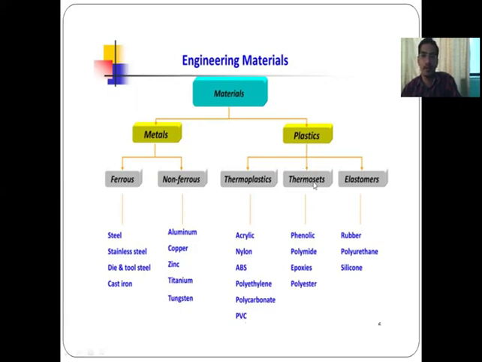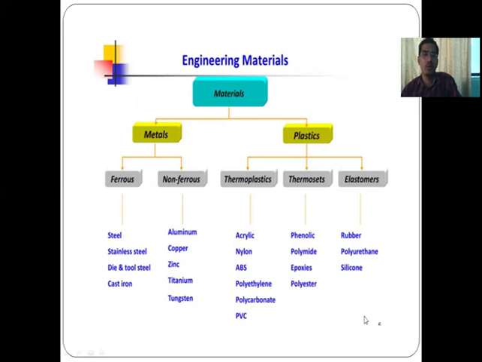Then the examples of thermosets are phenolics, polyamides, epoxies, and polyesters. And the last type of material is elastomers, where rubber, polyurethane, and silicone are the examples of elastomers. So this is the classification of engineering materials.